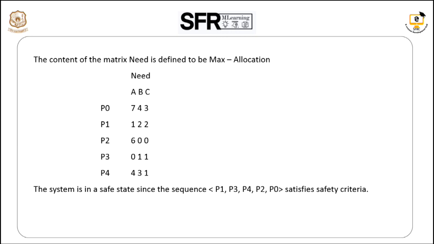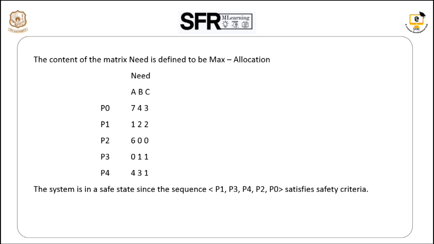The P3 allocation is 2, 2, 2 and the available 5, 2, 1. After the completion of P3, it releases its resources, then the available becomes 7, 4, 3.